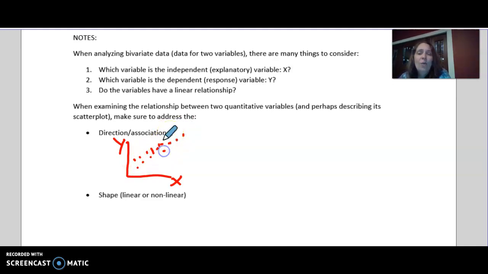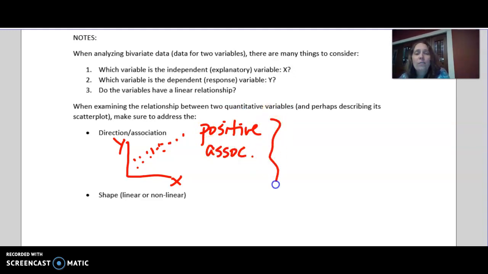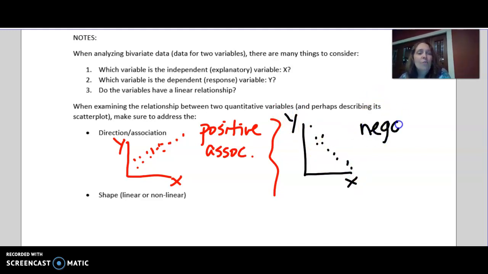As X is getting bigger, Y is getting bigger, so that would be a positive association or positive direction. Likewise, if you have a scatter plot that looks like this, then that's going to have a negative association. And if you were to imagine trying to draw the line that best fits that data, then you would see, oh, it has a negative slope.